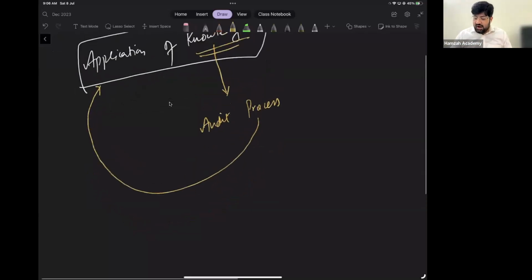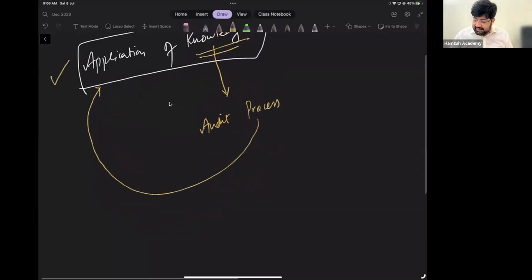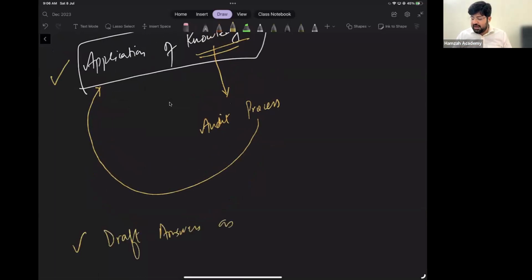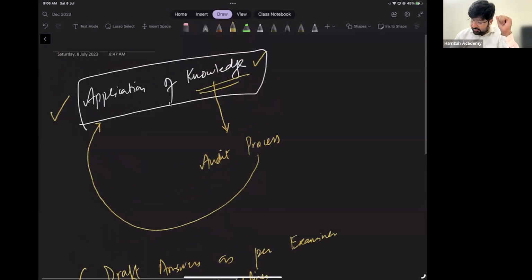First you learn that, and then you must be able to draft answers as per examiner guidelines. So basically, these steps are there. We will learn the knowledge, starting from here, then application of knowledge, then drafting the answer.